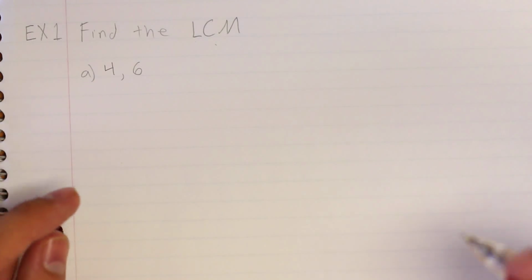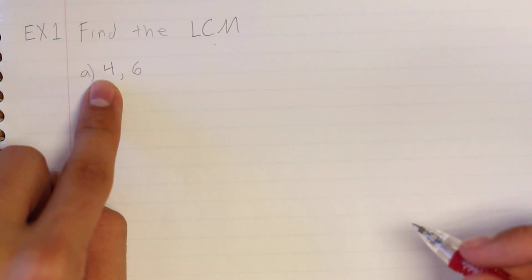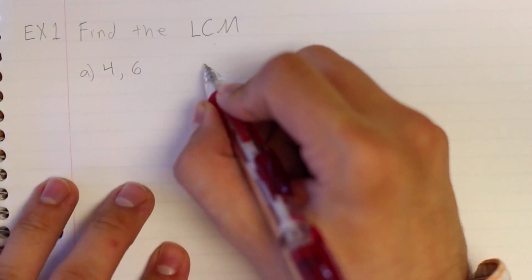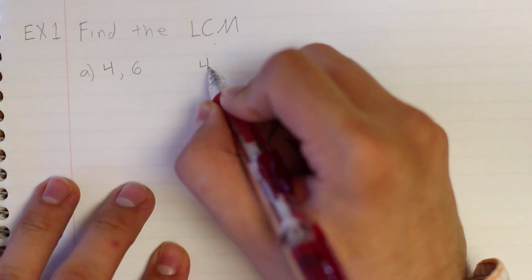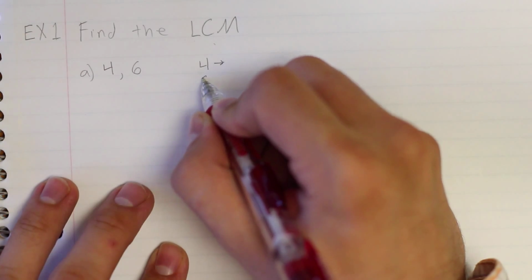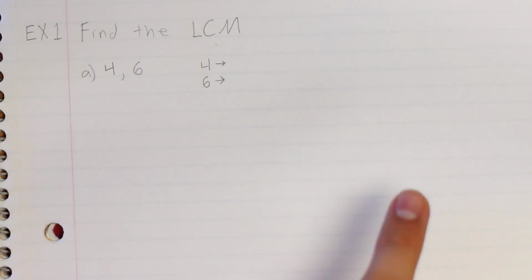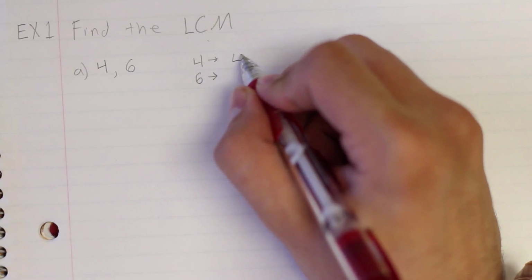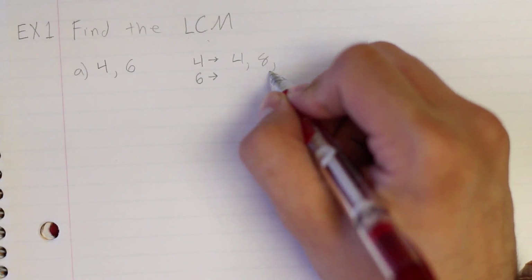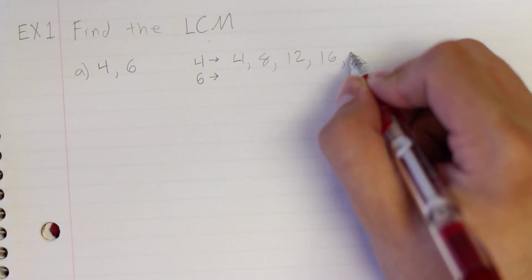Like if you were to multiply 4 by 1, you get 4. Multiply 4 by 2, you get 8. Multiply it by 3, you get 12. You get the point. So one way you can go about this is by making a list. So for 4, and then make a list for 6. I'm just drawing arrows so I know my list is going to start over here. So for 4, I could have 4, 8, 12, 16, 20.